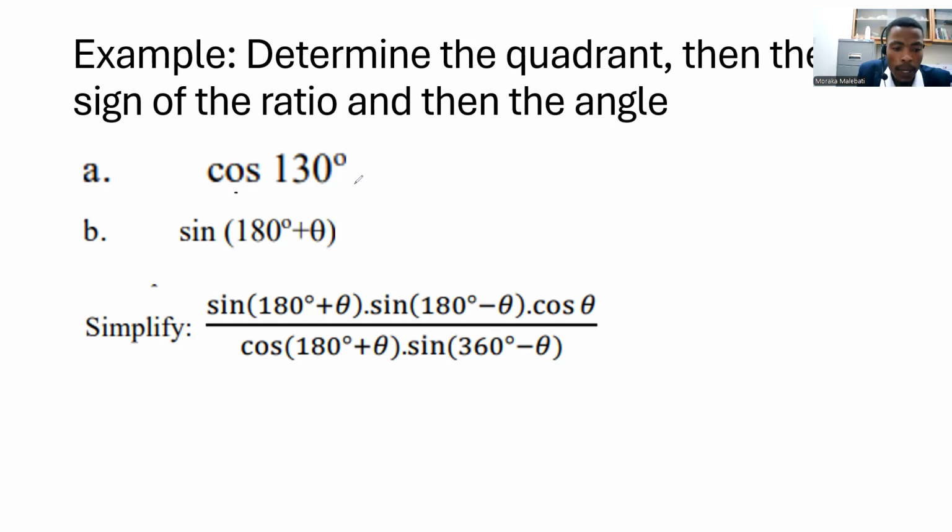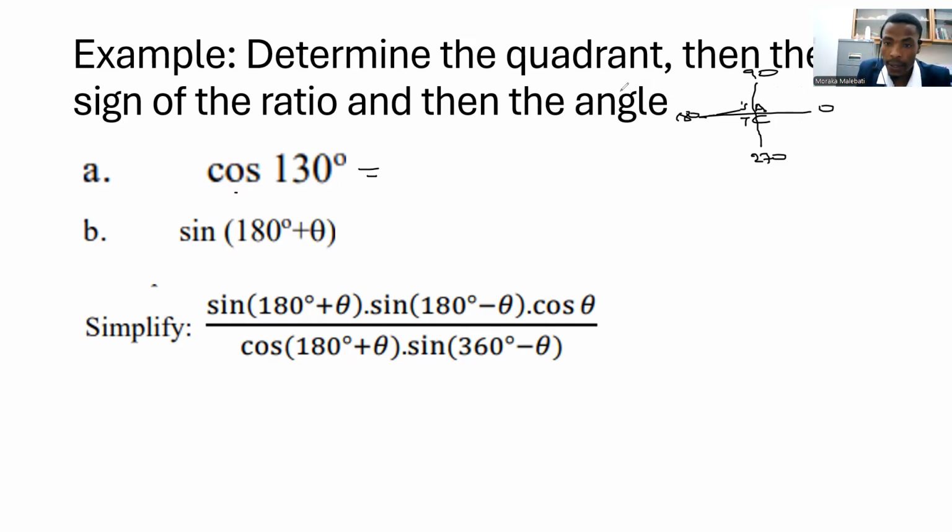So we say, okay, we are having cos 130. Remember, we need to determine the quadrant first and the ratio. Then we know that we're having CAST. Then where is 130? Remember, this is 180, this is 270, this is 0, this is 90.